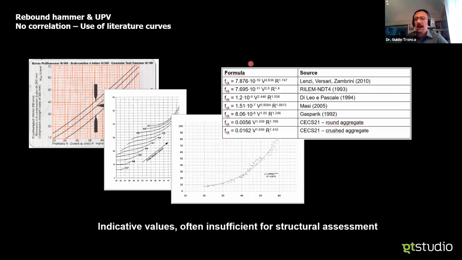Here, as a reference, I bring a few of them. Try it yourself. You enter whatever value you want and you'll see a huge spread of values. That kind of spread is often not tolerable for structural assessment.